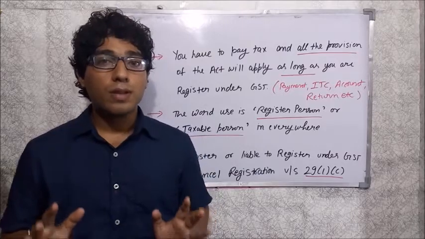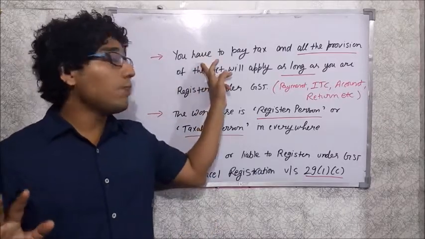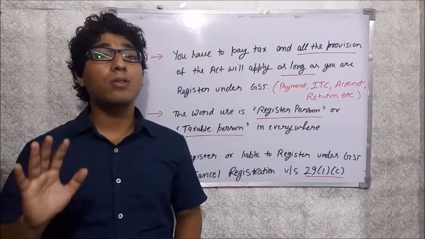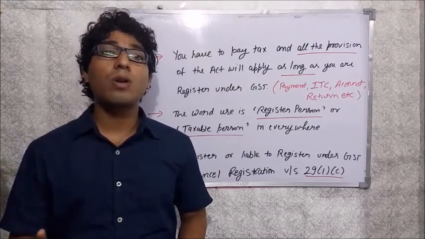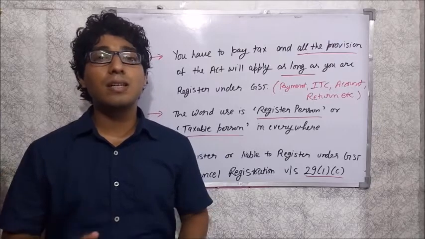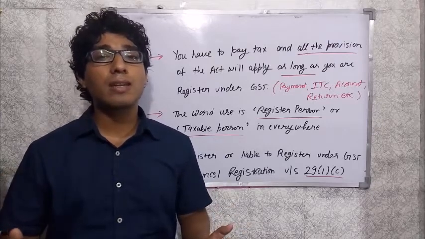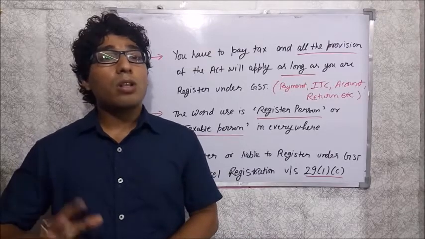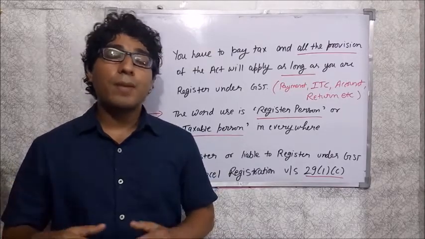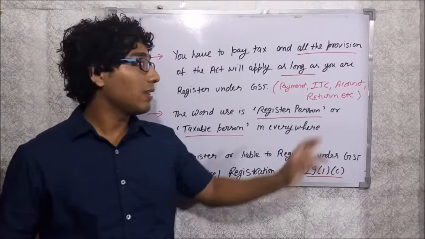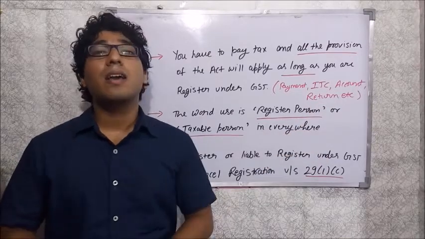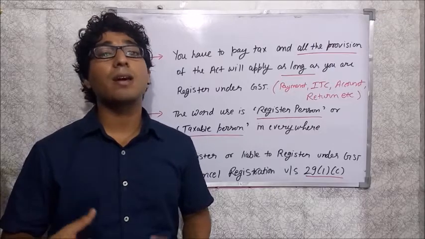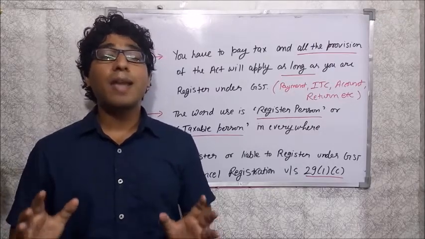Because you have to pay tax and all the provisions of this Act will be applicable to you as long as you are registered under GST. If you are registered under GST, then all the provisions of this Act, including payment of tax, will be applicable to you, such as payment of taxes, input tax credit, registration, return, accounting, assessment, appeal, and all the provisions of this Act.